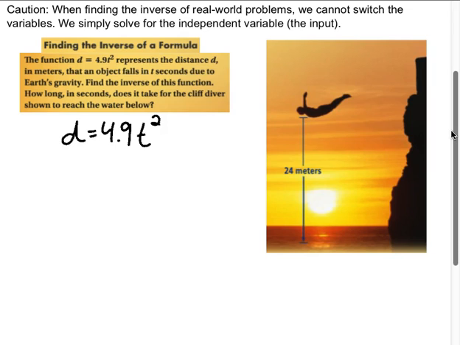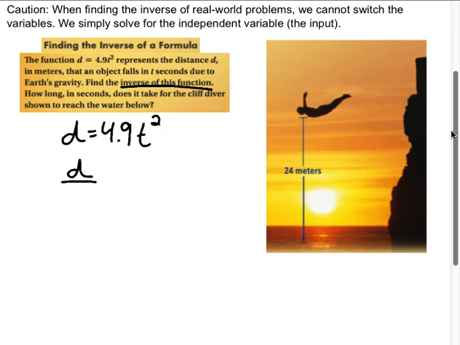It represents the distance in meters an object falls after t seconds, and it wants us to find the inverse of that function. So instead of flopping d and t, in this instance we're just going to walk through the process of getting t by itself. This is what you do for real world situations.